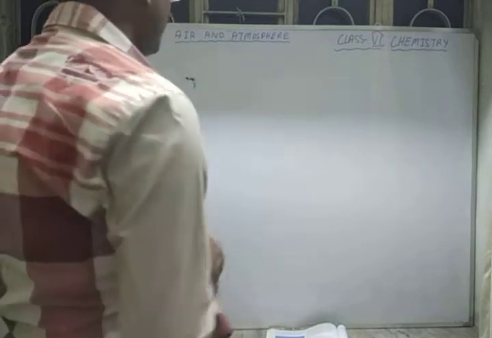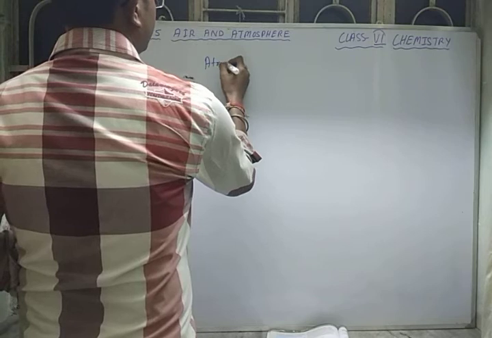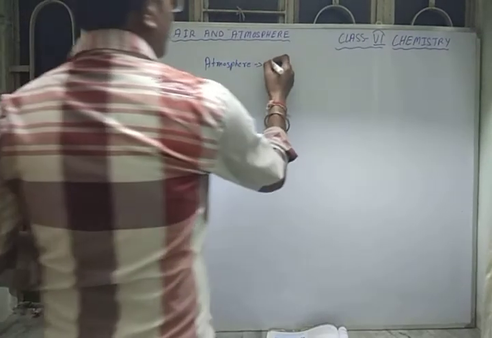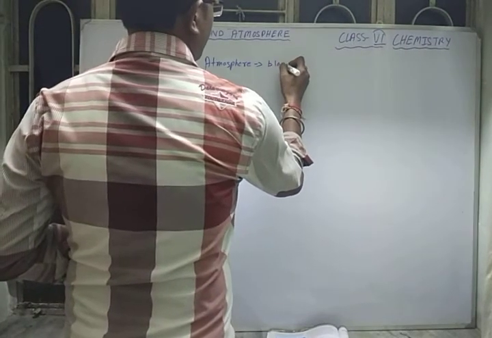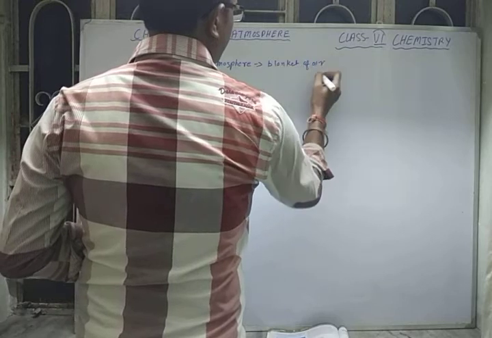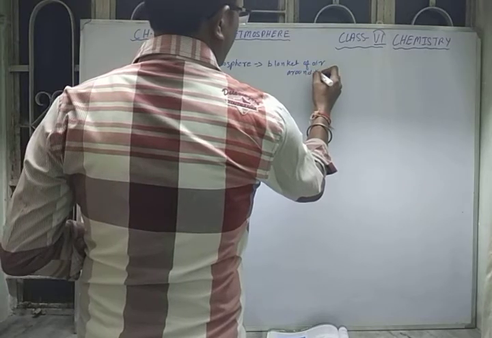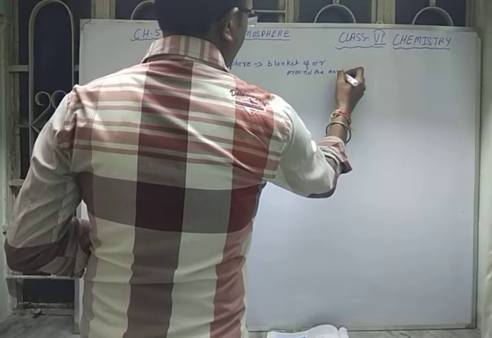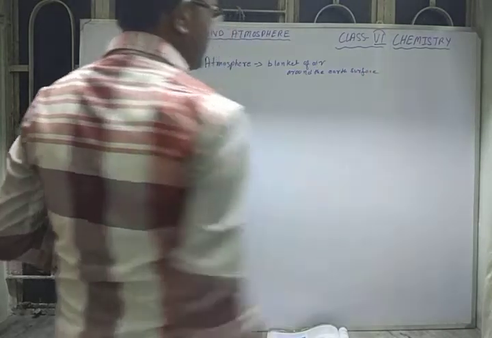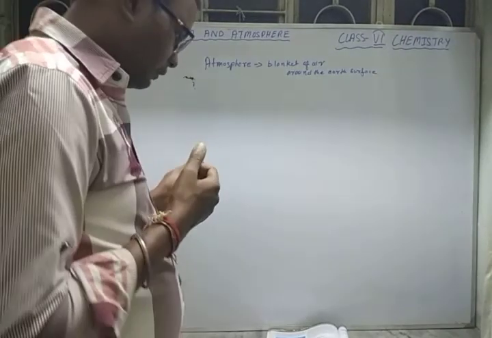So atmosphere is the blanket of air around the earth's surface. This is called air.